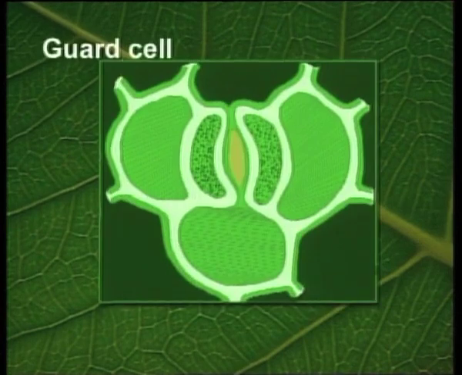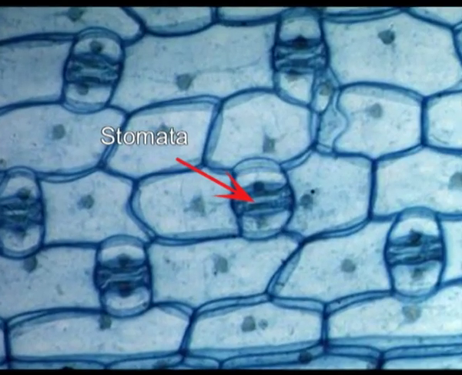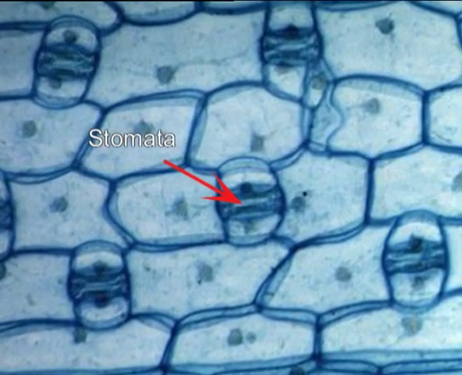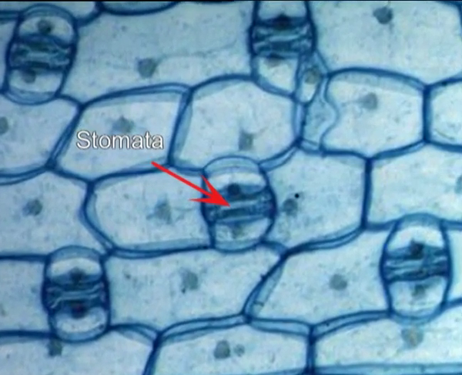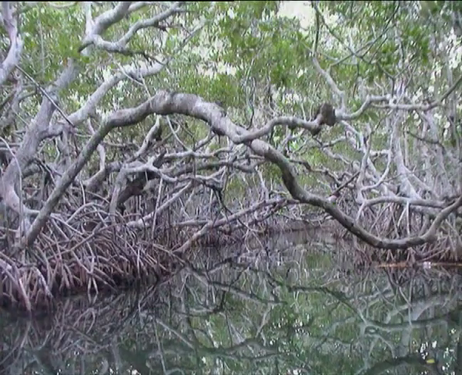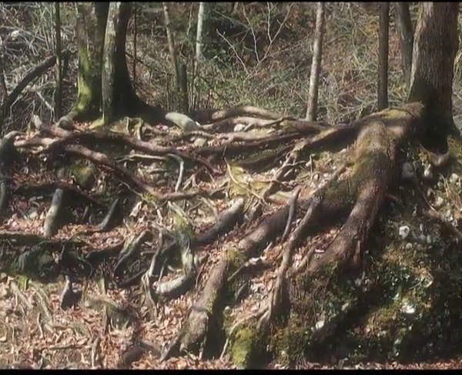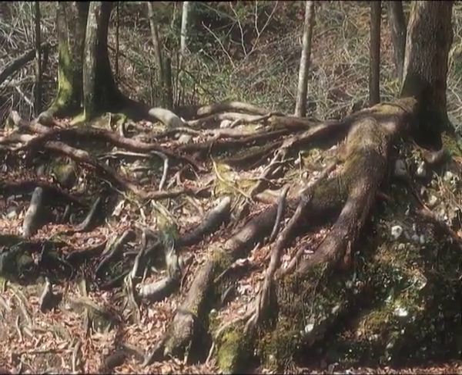Observe that there is a large number of stomata near the surface. These stomata help in exchange of gases. The plants have a deep and well-developed root system which helps in absorbing lot of water.